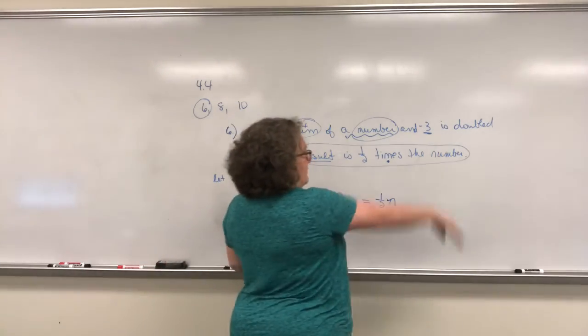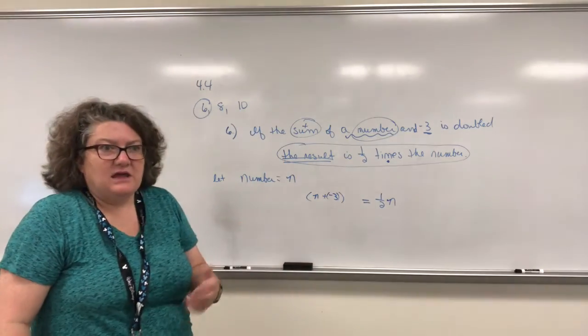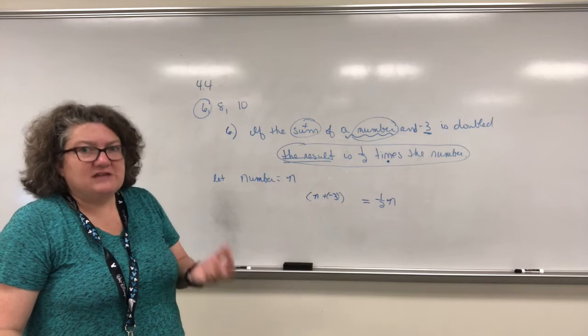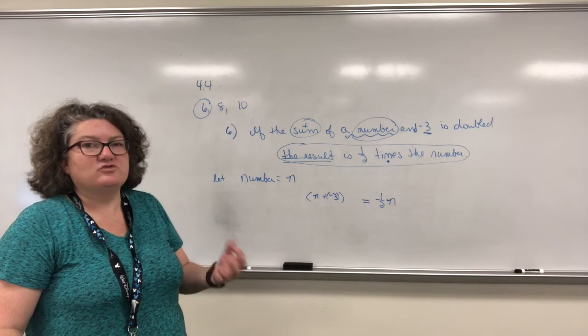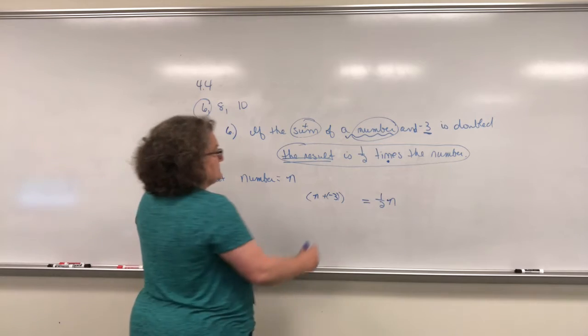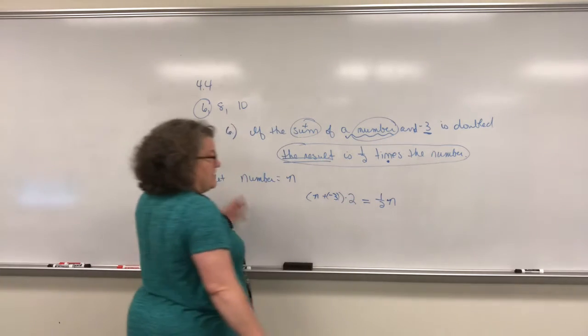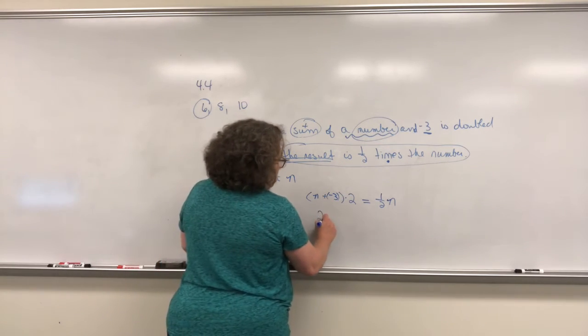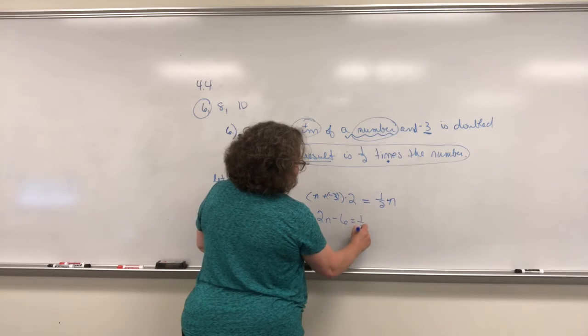Is doubled. What does that mean if you double something? If I have $5 and I double it, I have 10. If I have $10 and I double it, I have 20. That means I'm going to multiply it times 2. So this would be 2n minus 6 equals 1/2 n.